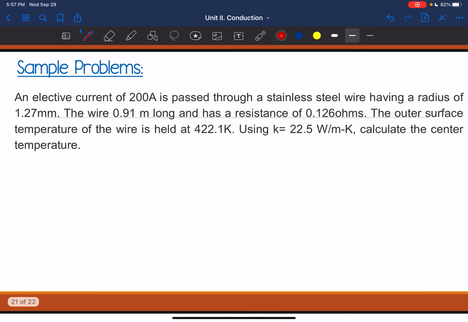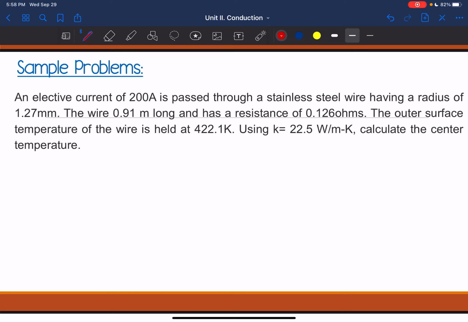Let's have here an electric current of 200 amperes passed through a stainless steel wire having a radius of 1.27 millimeters. The wire is 0.91 meters long and has a resistance of 0.126 ohms.